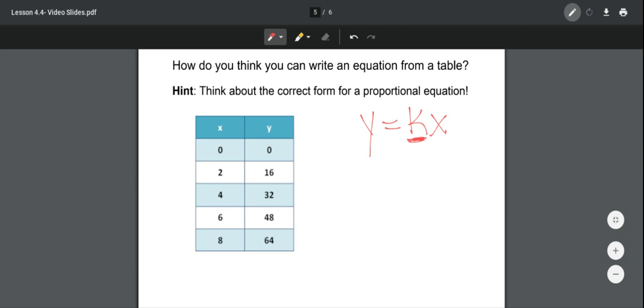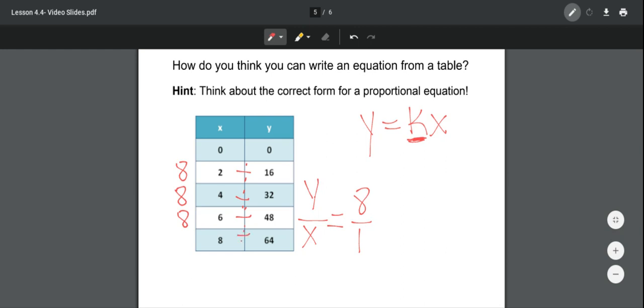Therefore, let's find our k. If we divide y by x, we would have 8/1. 16 divided by 2 gives us 8. 32 divided by 4 gives us 8. 48 divided by 6 gives us 8.